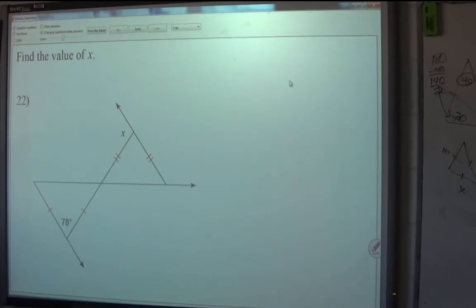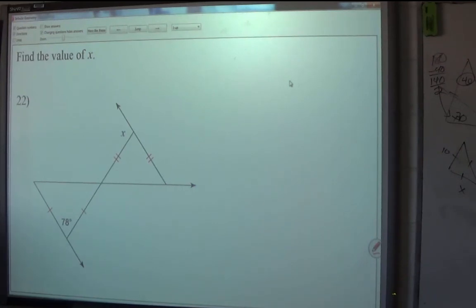Can you assume any parallel lines? Why not? Don't assume anything in geometry. Do you see any darts? No. Then you can't assume anything.